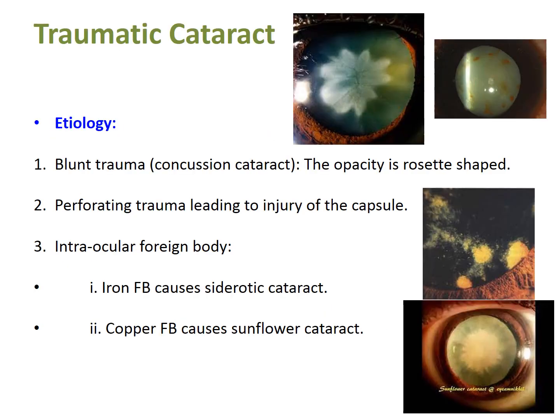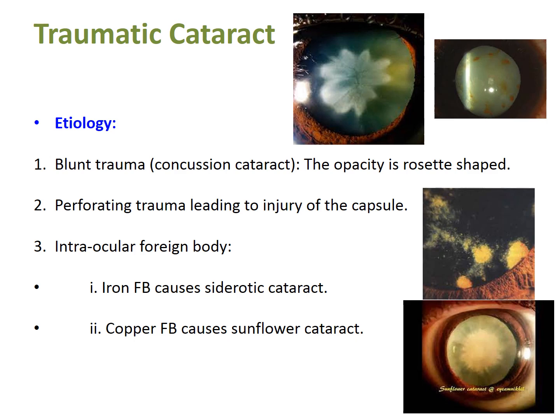What about another type, which is traumatic cataract? This could be related to blunt trauma, which may cause rosette-shaped cataract, or perforating trauma due to injury of the capsule, or trauma by intraocular foreign body.